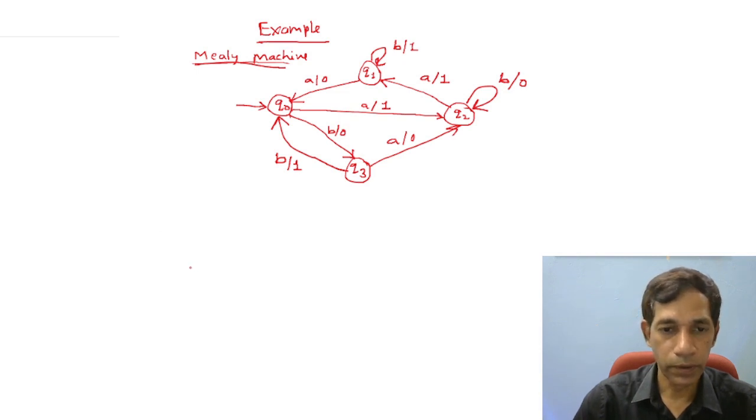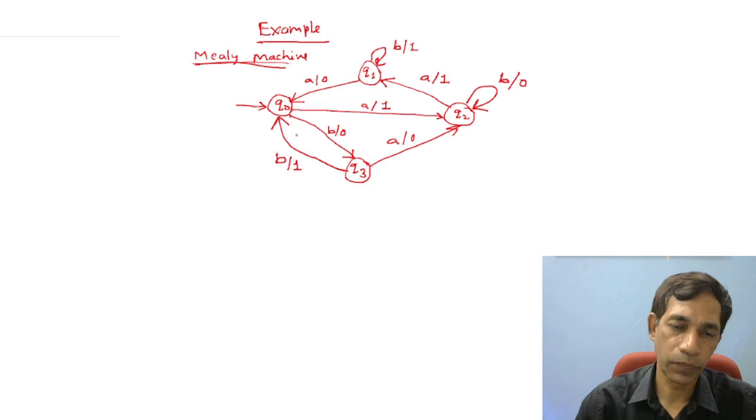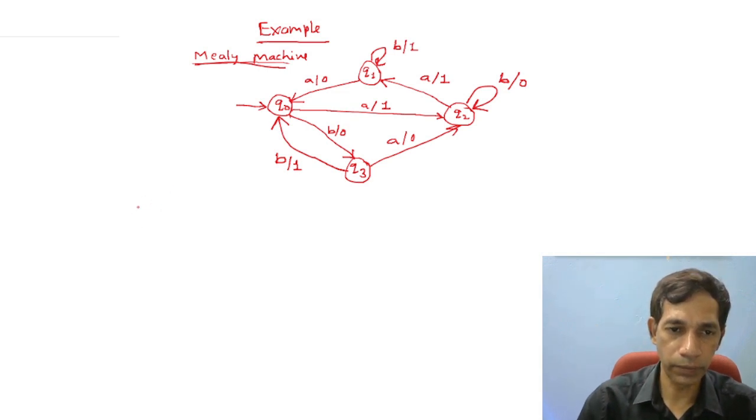So see, if we start from Q0, then what happens? In Q0 we have the incoming edge A, which is producing the output 0, and an incoming edge from Q3, which is B, and printing the output 1. So we need to make a copy of this state. So Q0 we have to copy now.